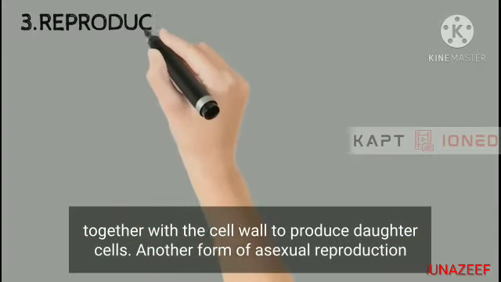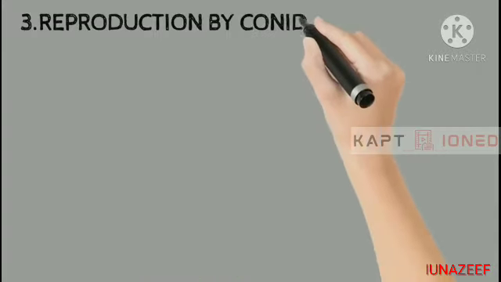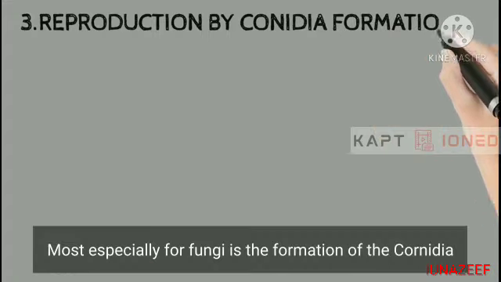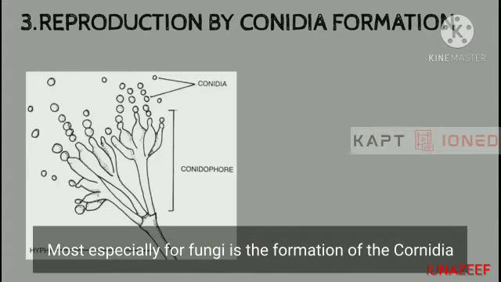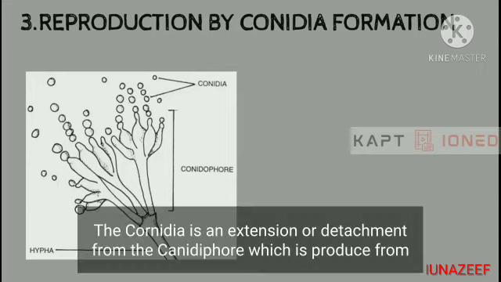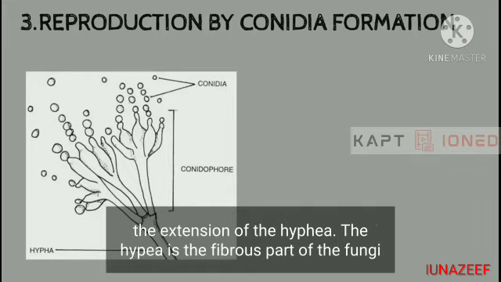Another form of asexual microbial reproduction, most especially in fungi, is by the production of conidia. The conidia is an extension or detachment from the conidial spore produced from the extension of the hyphae.